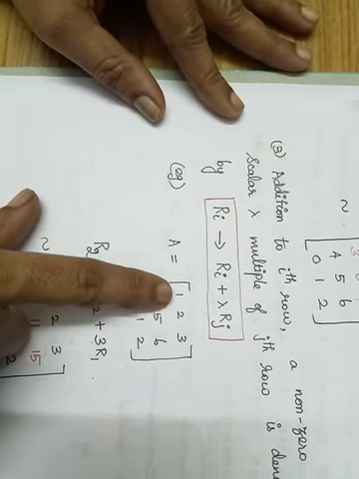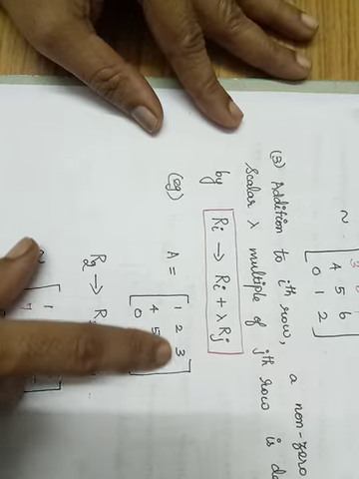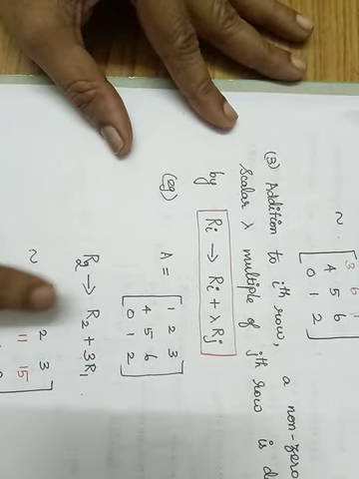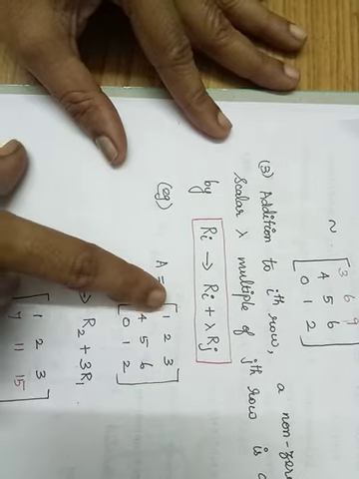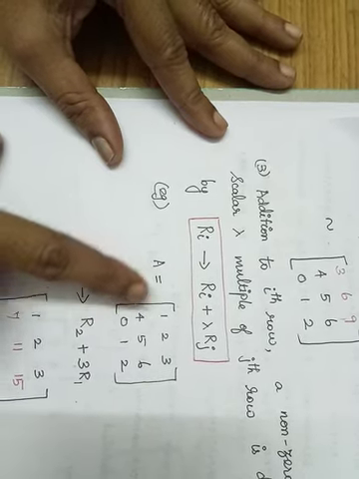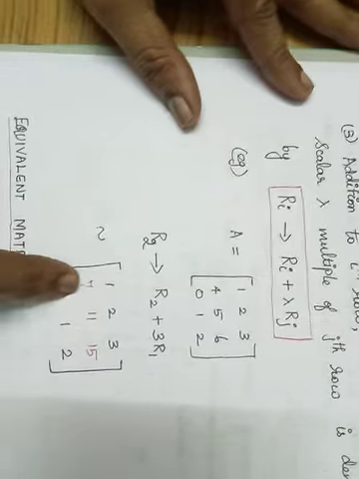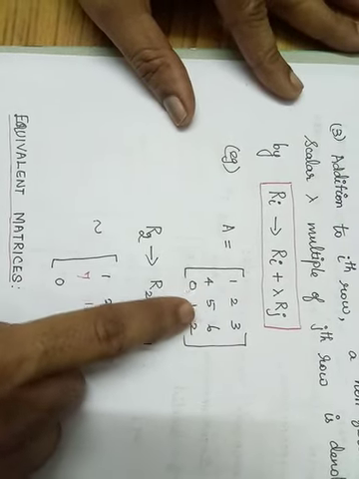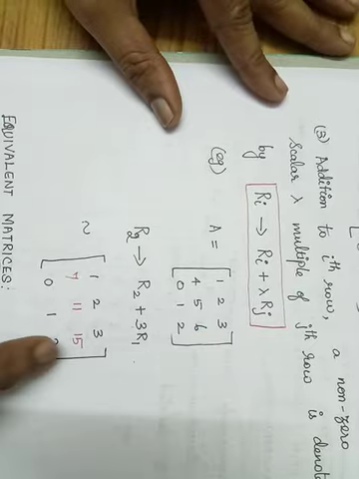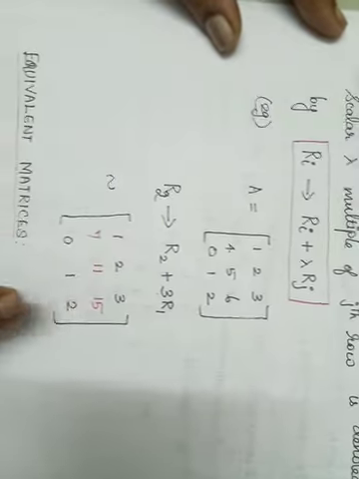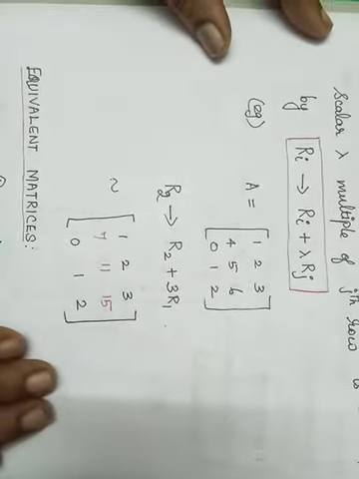So first the elements of R1 are multiplied by 3, so it becomes 3, 6, 9, which is added to R2. 3 plus 4 is 7, 6 plus 5 is 11, 3 threes are 9, 9 plus 6 is 15. So there are three elementary transformations.